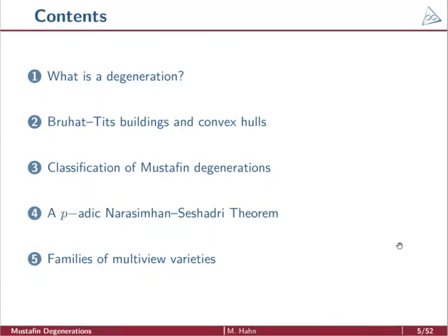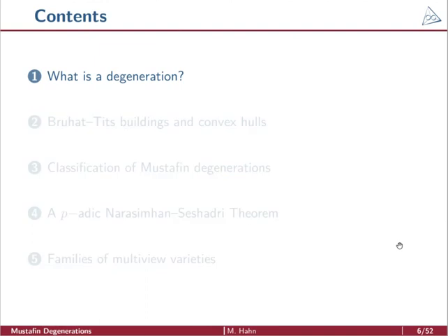In the third part, I'm going to give classification results on Mustafin degenerations. In the fourth part, we're going to be concerned with the application in p-adic non-abelian Hodge theory. And in the very last part, I'll quickly talk about this funny application in computer vision.